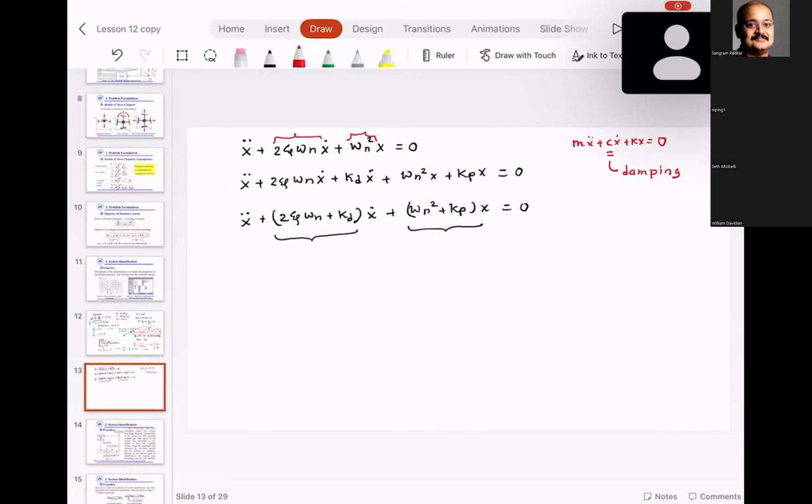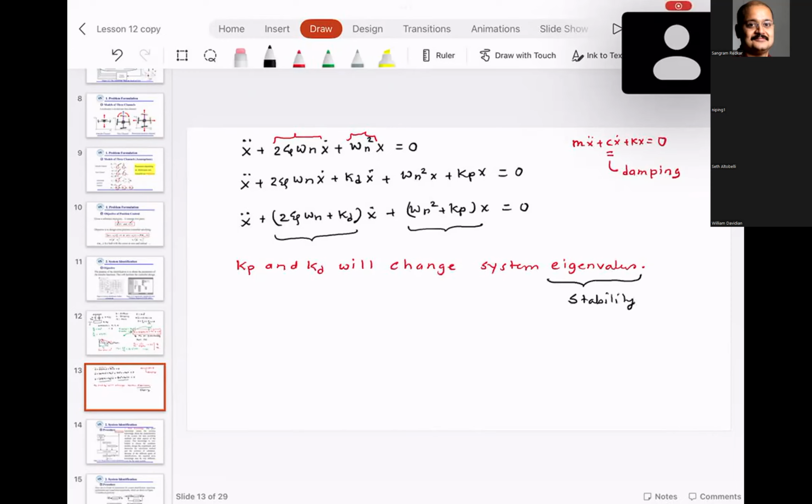Kp and Kd are actually essentially changing, believe it or not, the poles of the system. So if you were to find the eigenvalues, Kp and Kd will change the system eigenvalues, and stability depends upon eigenvalues.